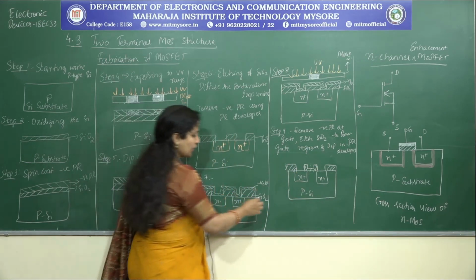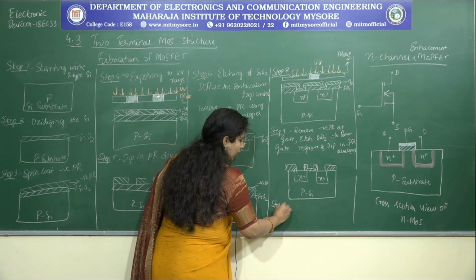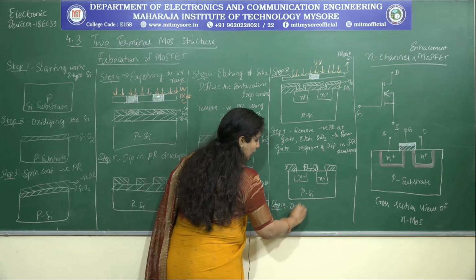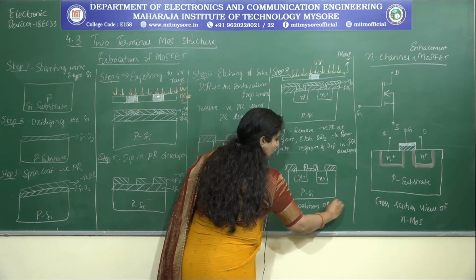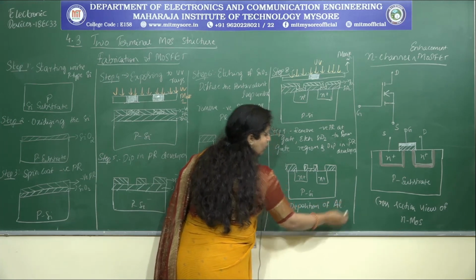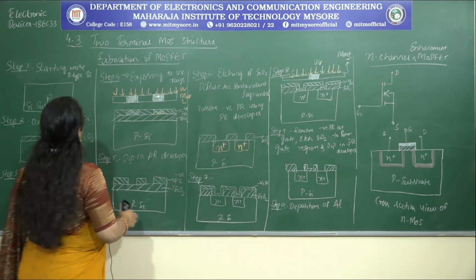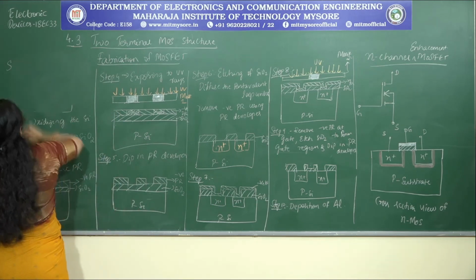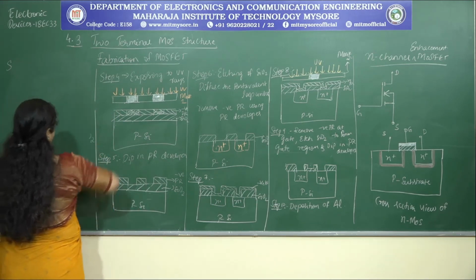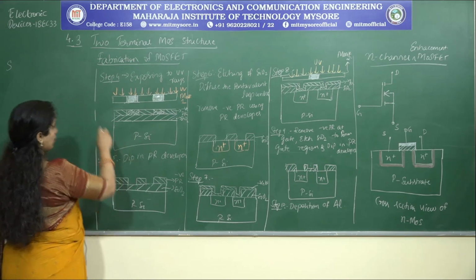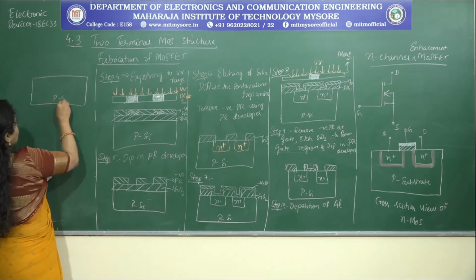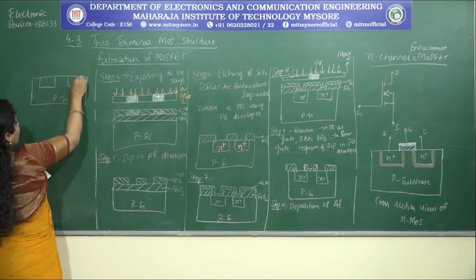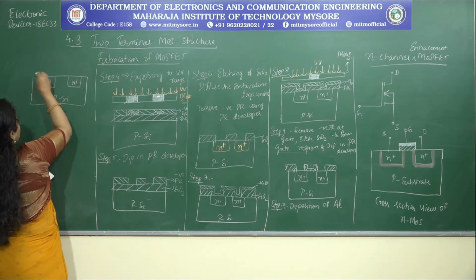Now upon this, what I'll try to do is, in step number 10, I'll be depositing the metal all over. If I want to consider that and represent the structure for step number 10, the structure goes as follows. So this is the P-type silicon material. We have N plus wells.